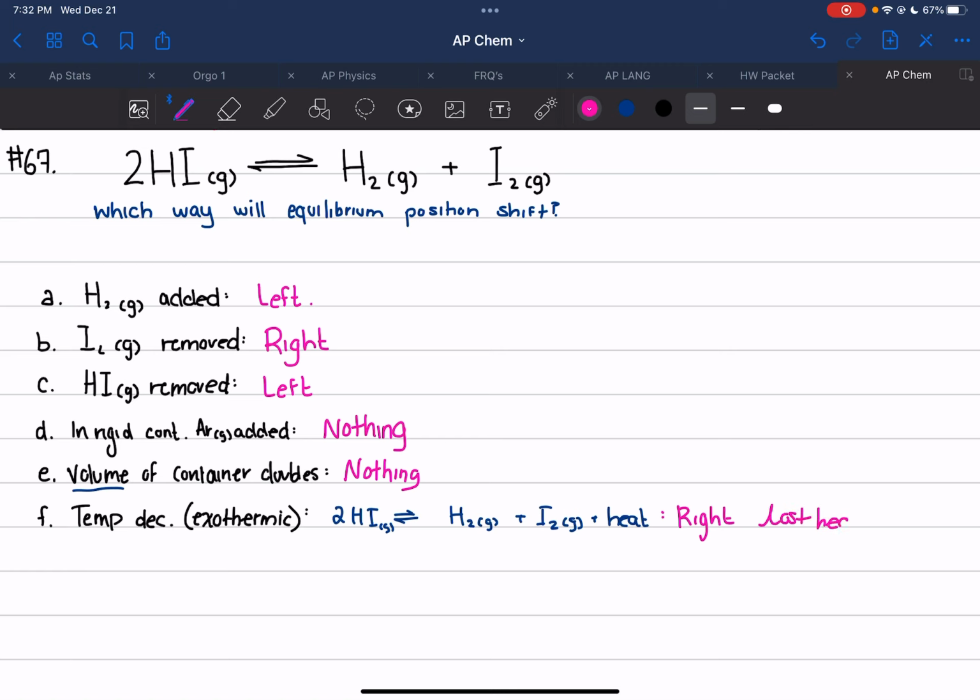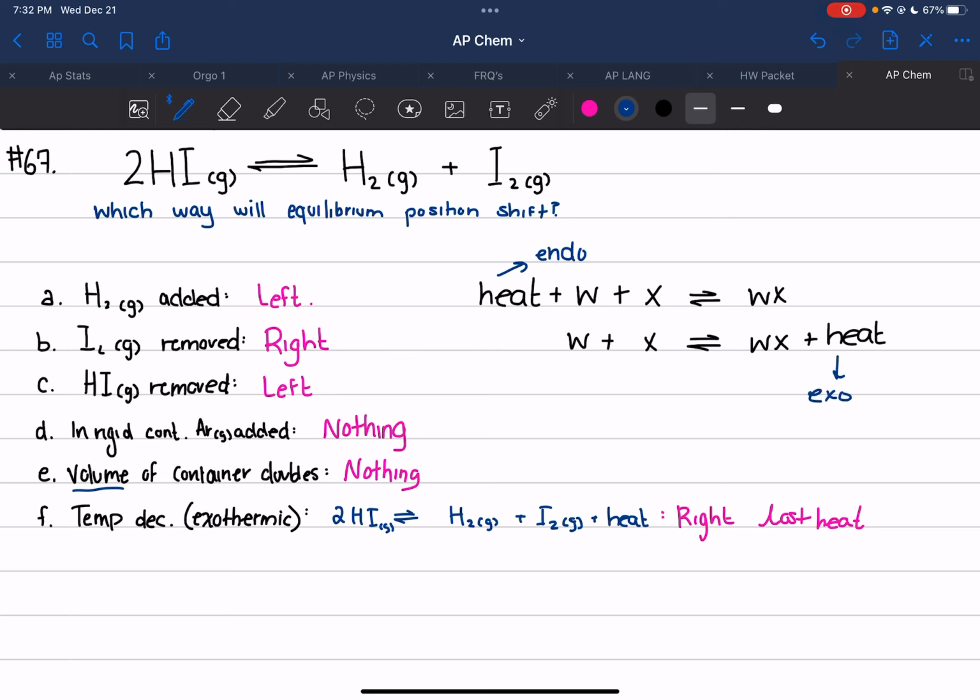These sometimes are a little confusing to people, but it becomes really easy once you understand that with temperature decreasing, I look at it like this. We have W plus X goes to WX, and then we have W plus X goes to WX. So we have heat here, and we have heat here. This one is endothermic, but this right here is exothermic, with a delta H equal to a negative value and a delta H equal to a positive value.